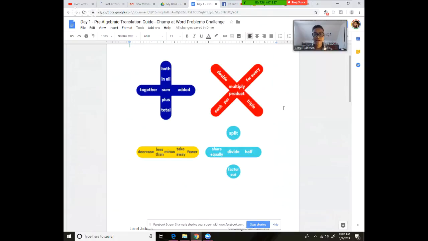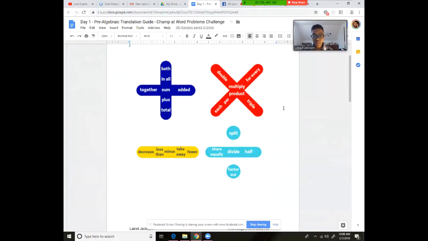And I can understand why, based on how I was taught it, based on how most people are still being taught it, because it doesn't help you to get the whole view of what's going on. There's a lot that is weaved into word problems. And that's why I wanted to do the challenge, start the year off, and help you guys to master it and become champs.